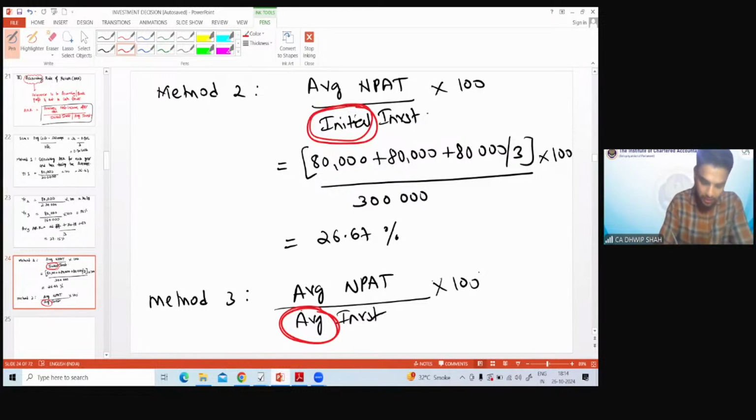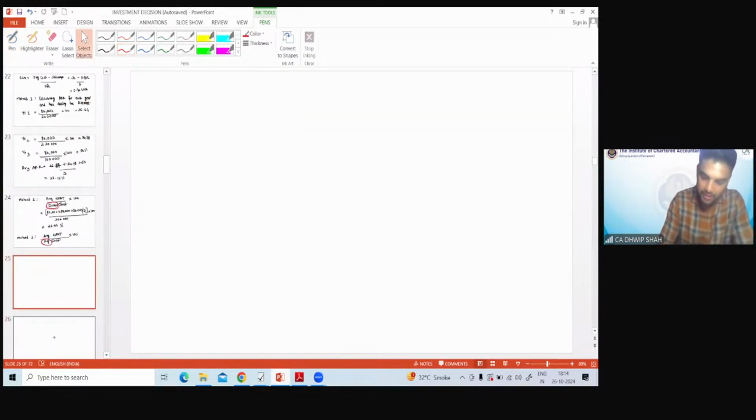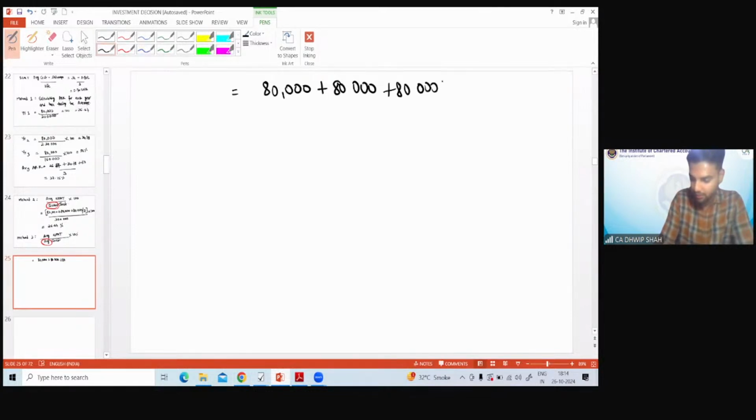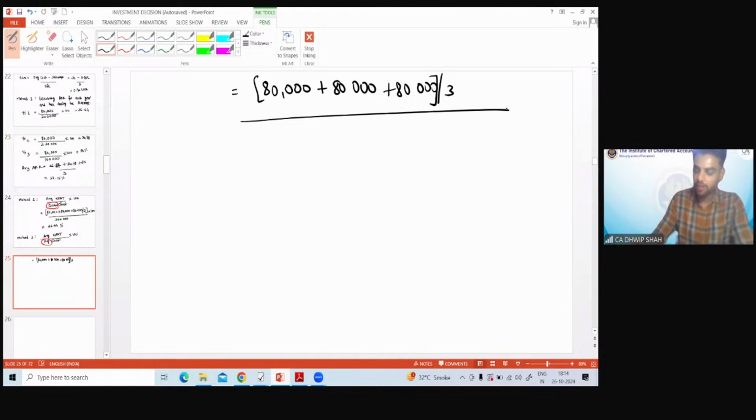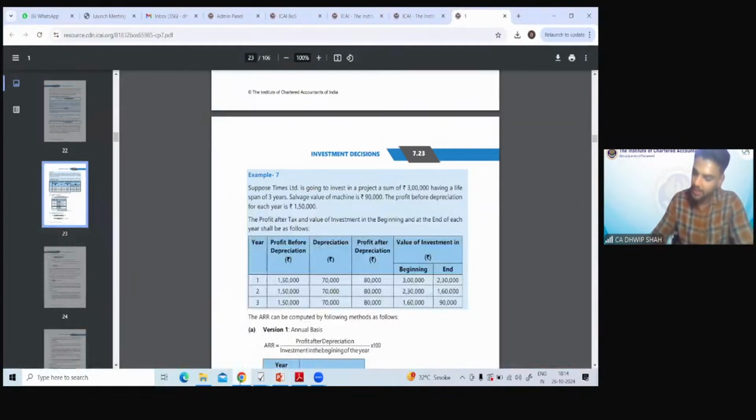So method 3, average NPAT. Average NPAT would be 80,000 for year 1 plus 80,000 for year 2 plus 80,000 for year 3, the whole divided by 3. Likewise, average investment would be the opening investment, that is 3 lakh at the start of the year.